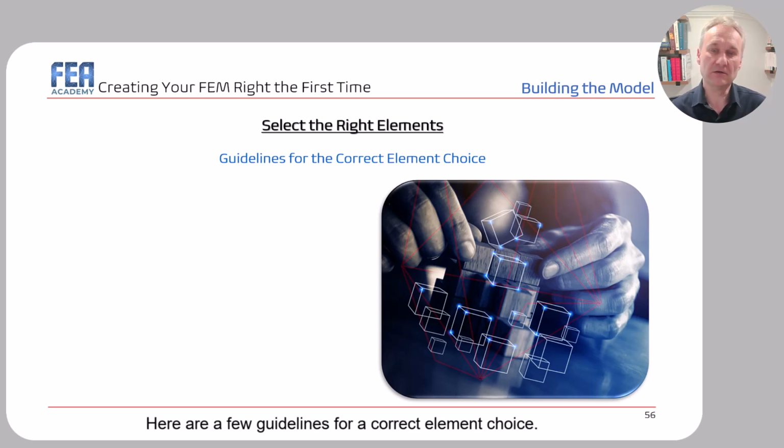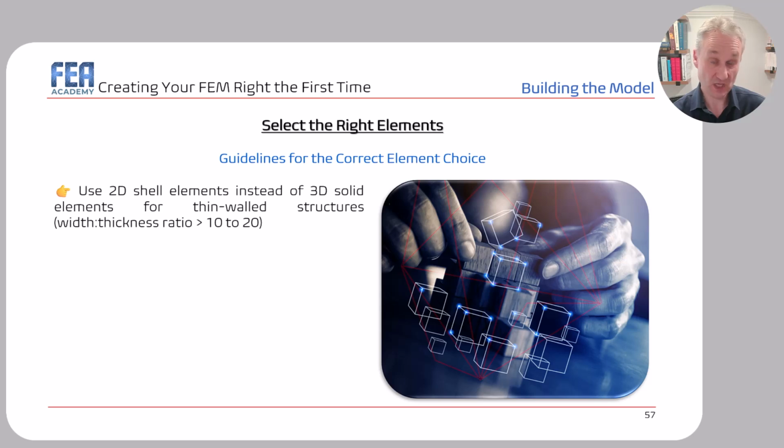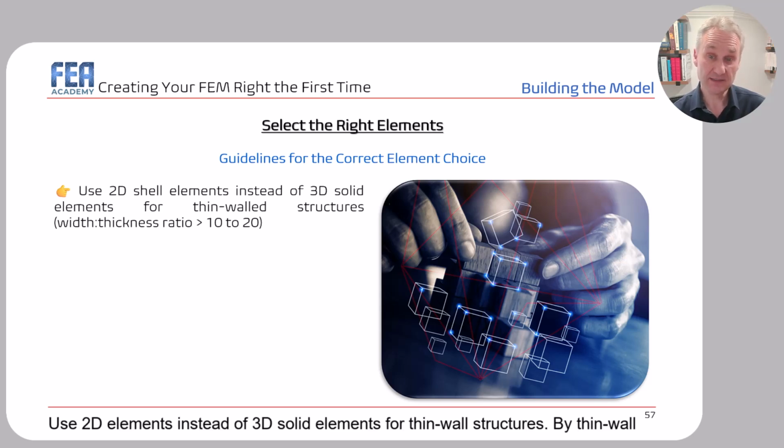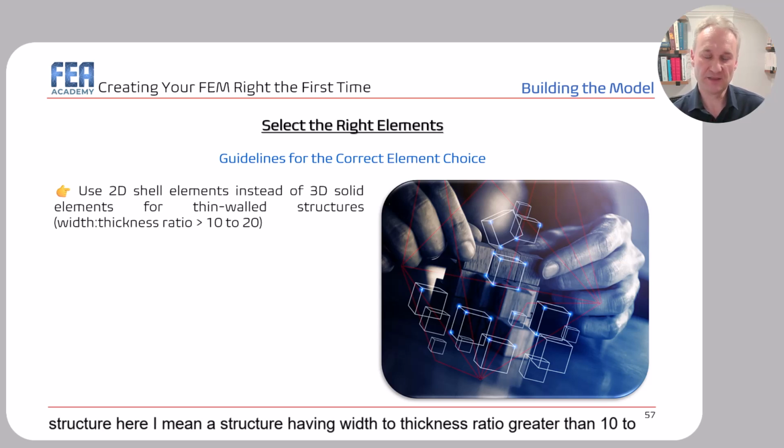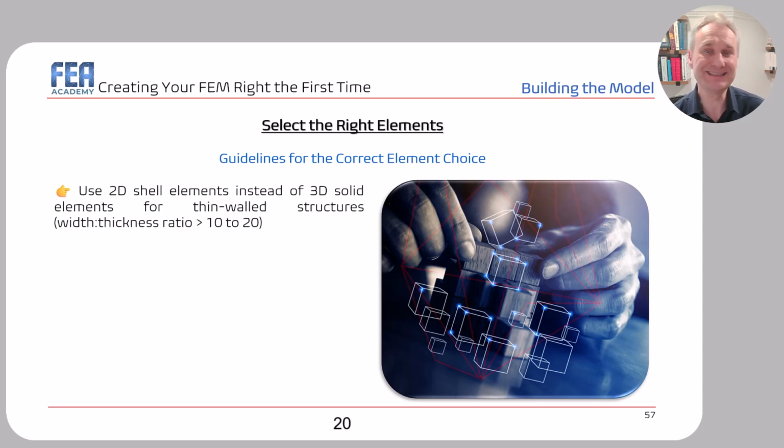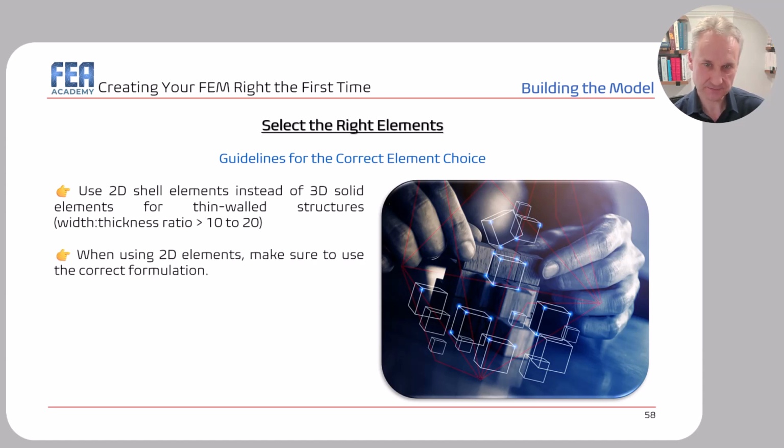Here are a few guidelines for a correct element choice. Use 2D elements instead of 3D solid elements for thin wall structures. By thin wall structure, here I mean a structure having a width to thickness ratio greater than 10 to 20.